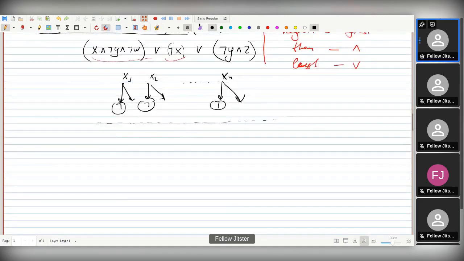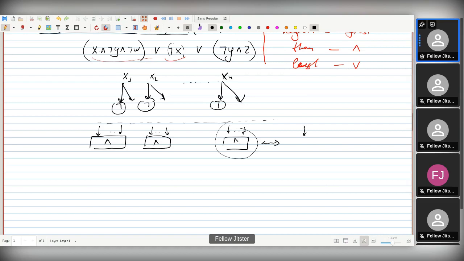Then, after that, we somehow take conjunctions of a few such terms. Here, this block stands for a conjunction of many arguments.